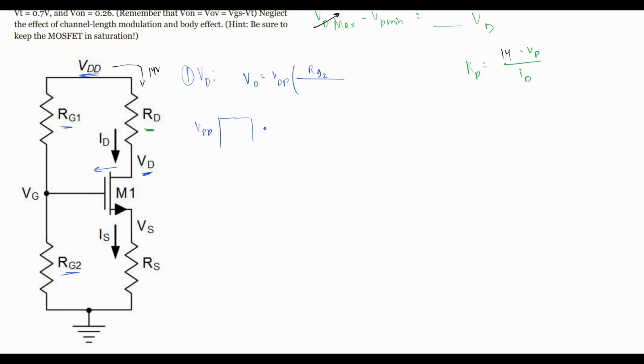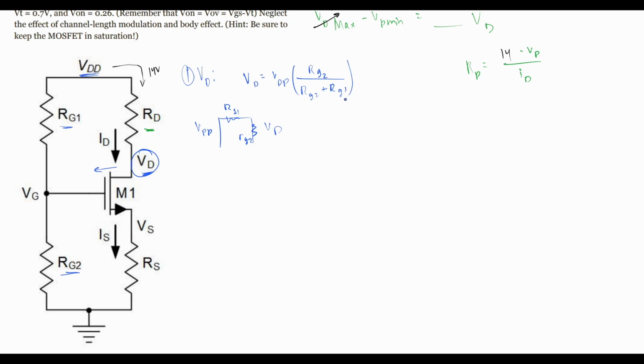So we have our VD like this, and then we have our RG1, and then we're also going to have our RG2. The way we would draw this is that this VD would be over this part right here. So looking at that, we're going to have our RG2 right here. And our VG is not going to be inside of this little circuit diagram. So we just have our RG2 up top, and then we have RG2 plus RG1.